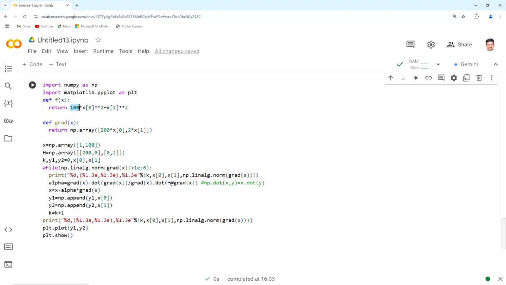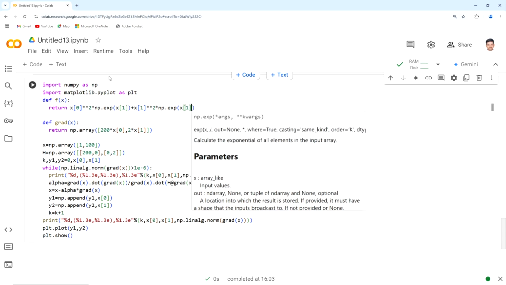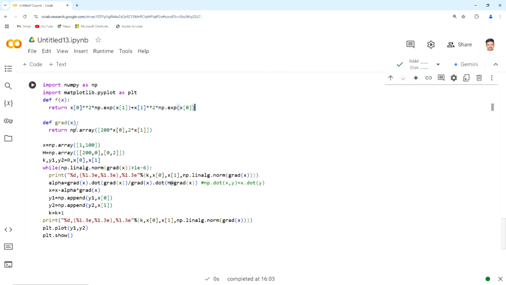So, f of x, if you recall, is x1 squared into e power x2 plus x2 squared into e power x1. And now you have to find the gradient.